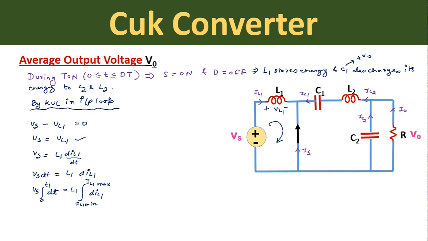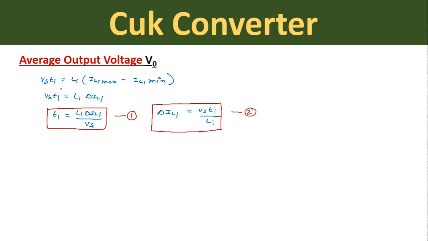So Vs into integration from 0 to T1 dt is equal to L1. When this L1 inductor is storing the energy, the current through the inductor will increase from IL1 minimum to IL1 maximum. So we'll put these limits here. After integration, we will get Vs into T1 is equal to L1 into IL1 maximum minus IL1 minimum.